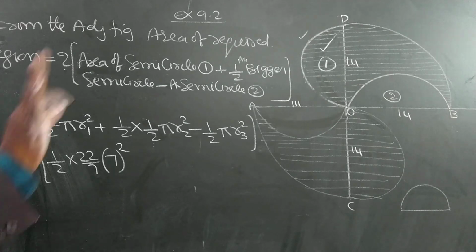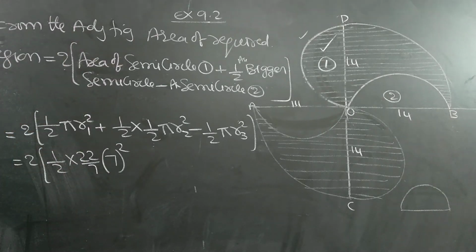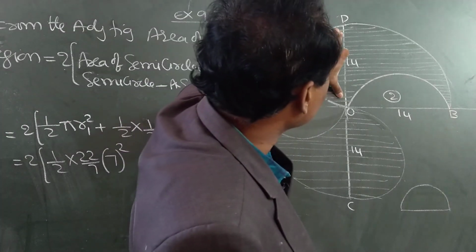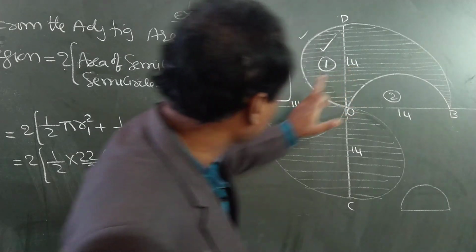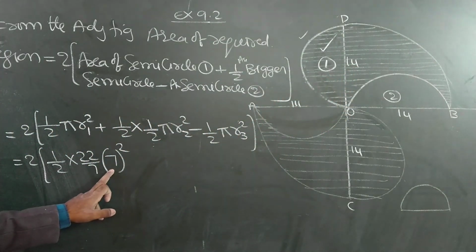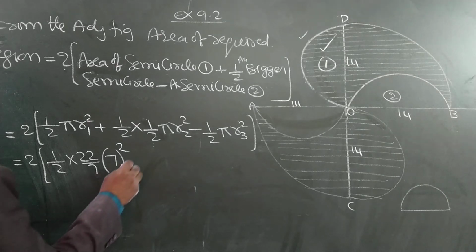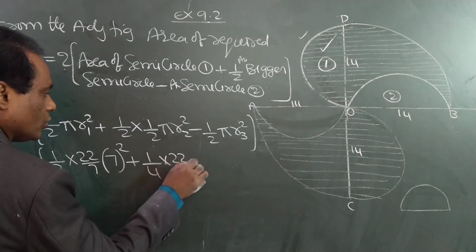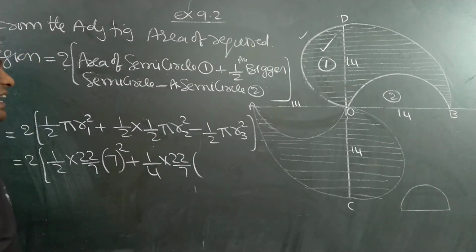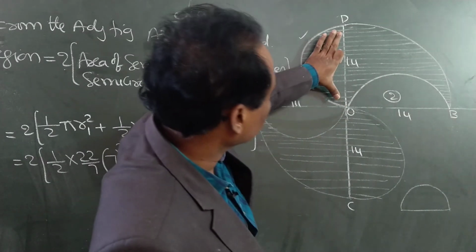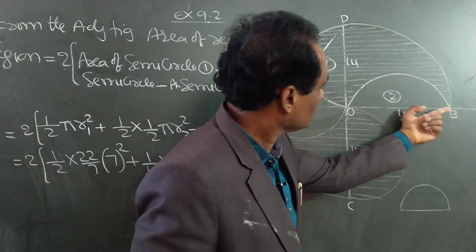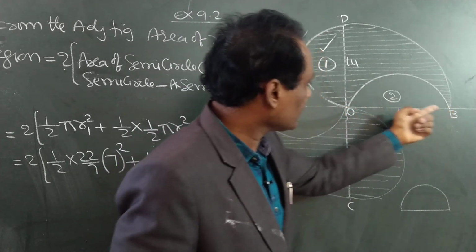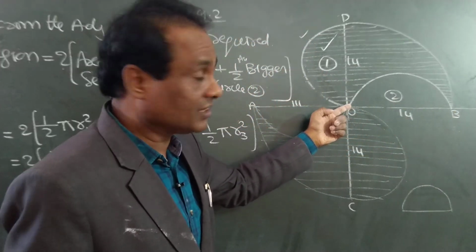Now substituting the values, that's all. Just look. What is the diameter? 14. Radius is how much? 7. Plus 2 to the 4, 22/7. What is the radius of this bigger semicircle? 14. Radius of bigger semicircle is 14.